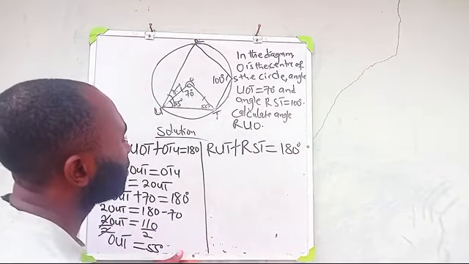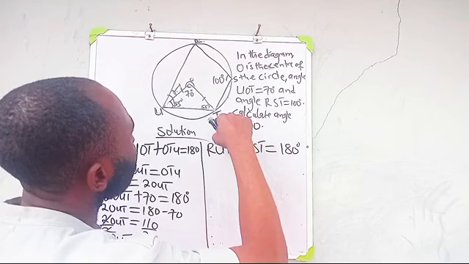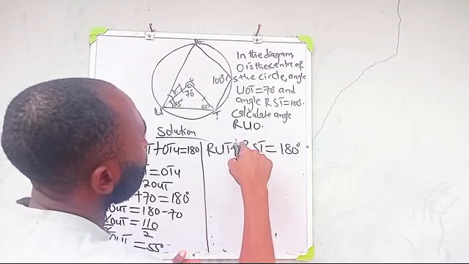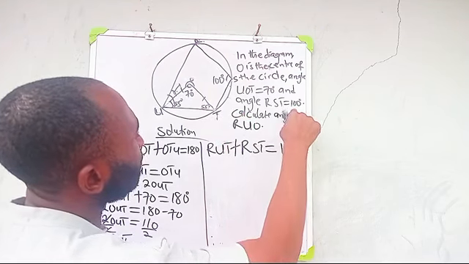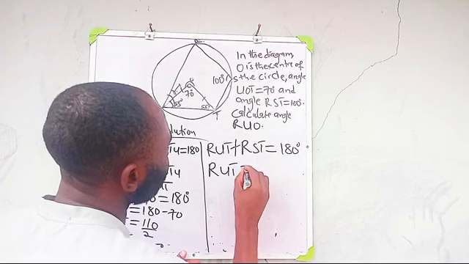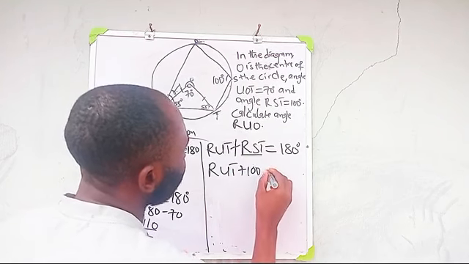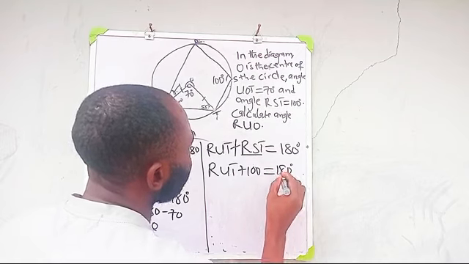With that, we know our RST is 100 degrees. So RUT plus 100 is equal to 180 degrees.